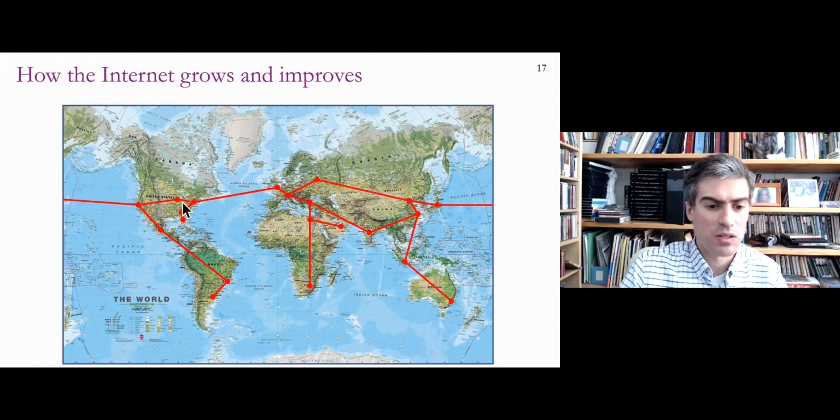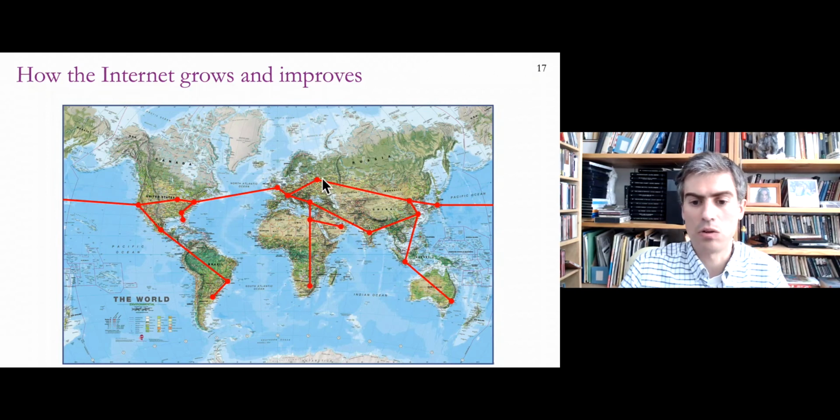And of course, there would be different customers connected to these dots. Maybe you can think of these dots as universities that wanted to be connected to each other, but they could also be like local telephone companies and stuff like that. So this is the backbone. So if a customer in Argentina wants to fetch data from a website in India, then that data has to flow along this backbone, right?